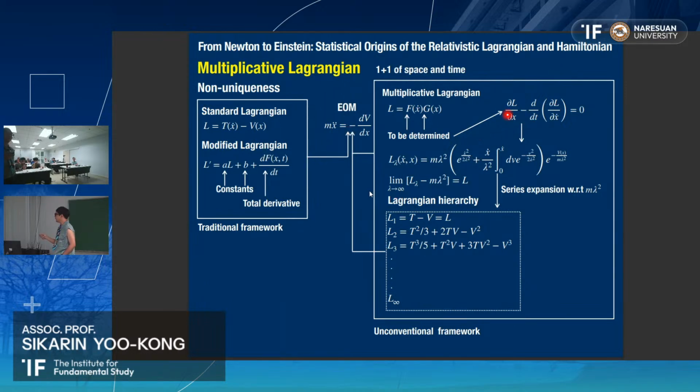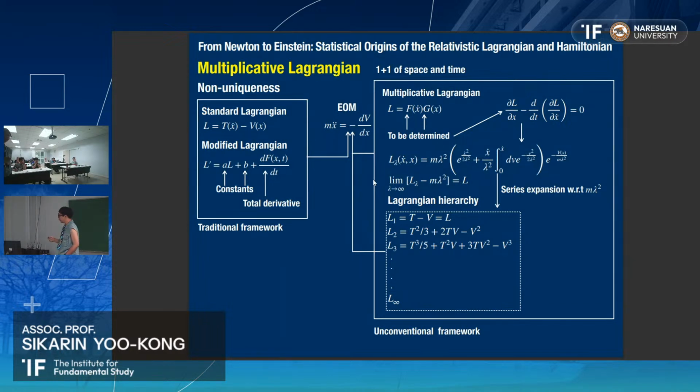Then we can solve for f and g, and it turned out to be this one. This new type of Lagrangian comes with an extra parameter that we call lambda, and lambda has the dimension of velocity. If we take the limit on lambda, then we get the standard Lagrangian according to this limit.